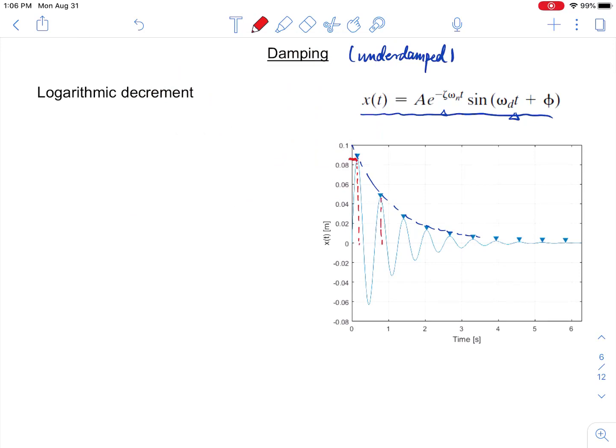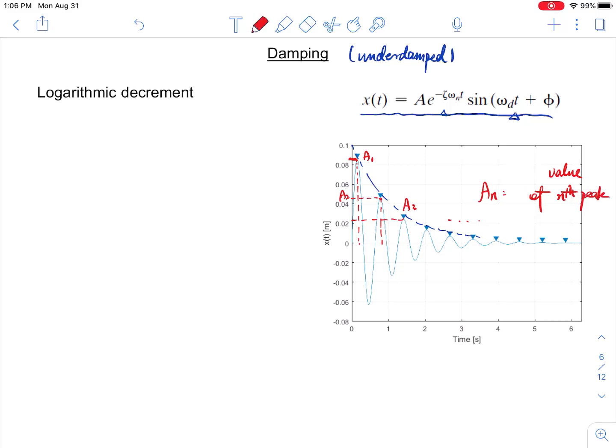Let's say the amplitude for peak 1 is A1, this value is A2, and this value is A3, and so on. So An means the value of the nth peak.